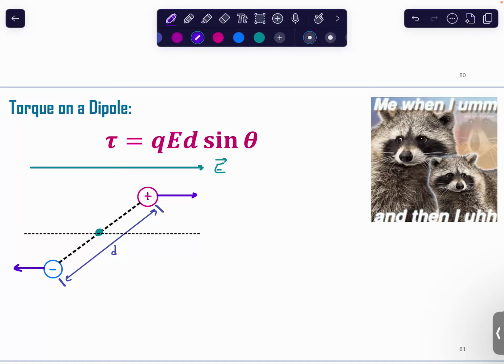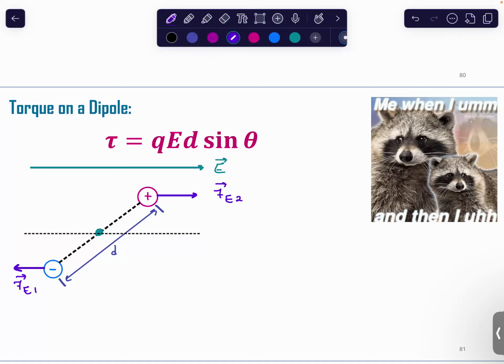Okay. I'm going to reverse 1 and 2 so I can stay consistent with my notes and don't confuse myself. There.